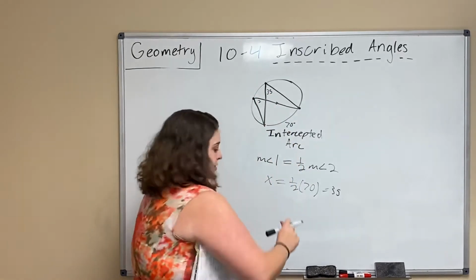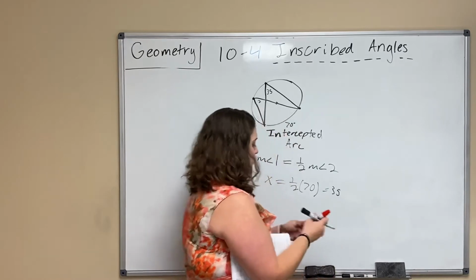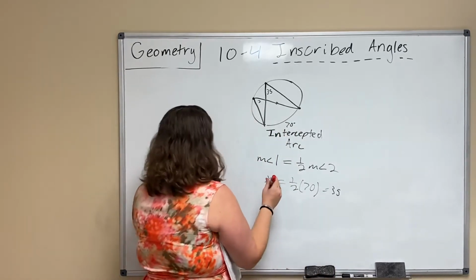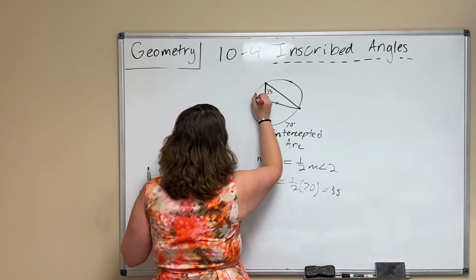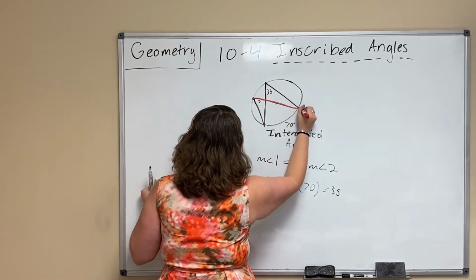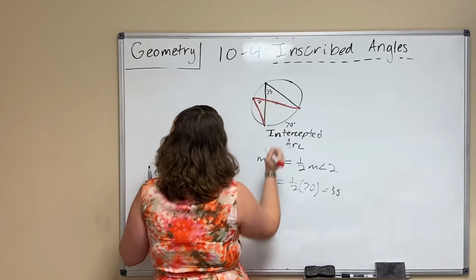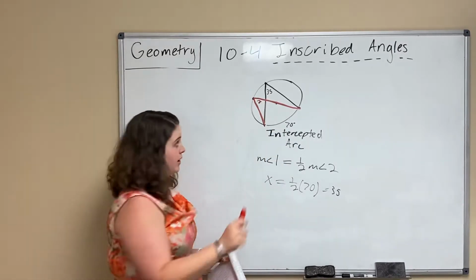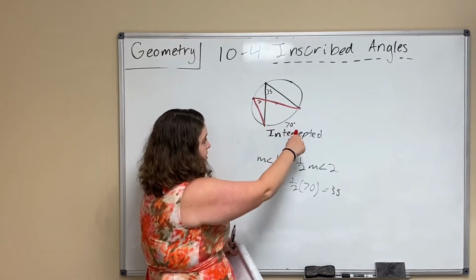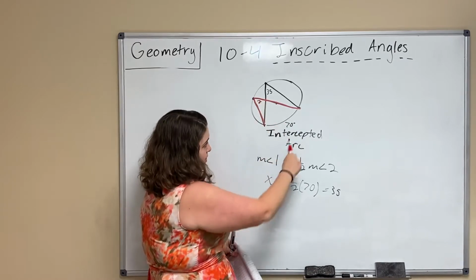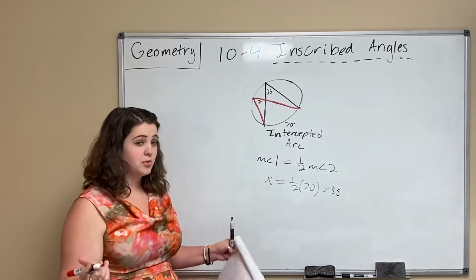Maybe I should use a different color so it's a little more clear. I have a second inscribed angle, but it goes to the same 2 points. Now I found this angle by saying 1/2 of this, so I'm going to find this angle by saying 1/2 of this. So they're going to be the same.